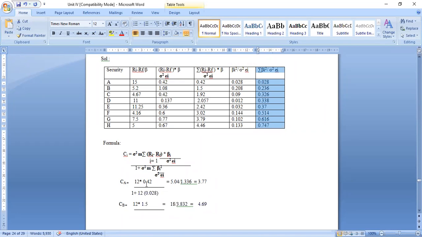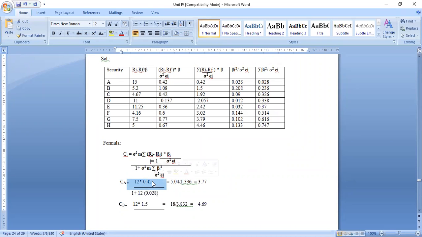The 1 is a constant value given in the formula. Once you multiply the numerator 12 into 0.42, you will get 5.04, divided by 12 into 0.028 plus 1, which gives 1.336. So 5.04 divided by 1.336 will give you the value 3.77.